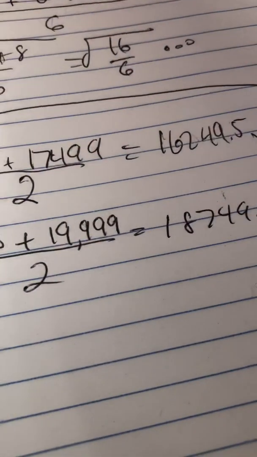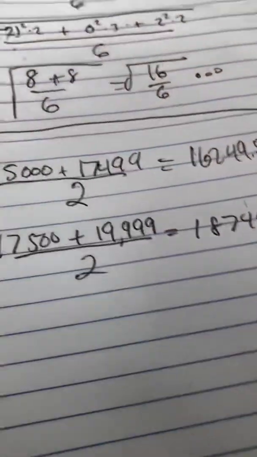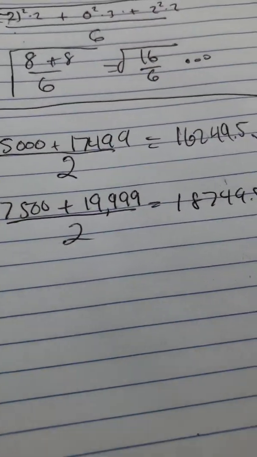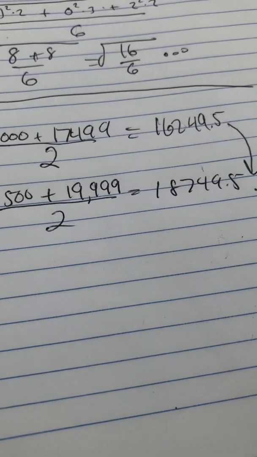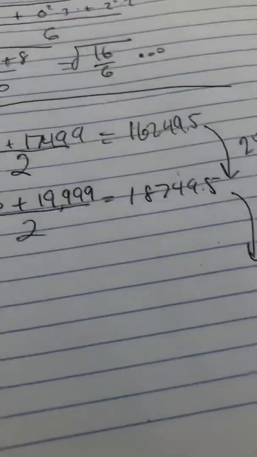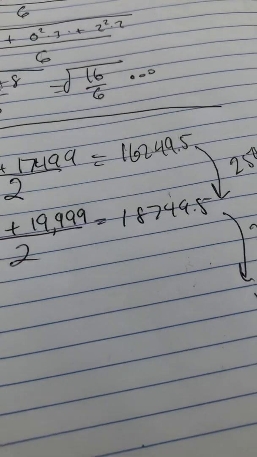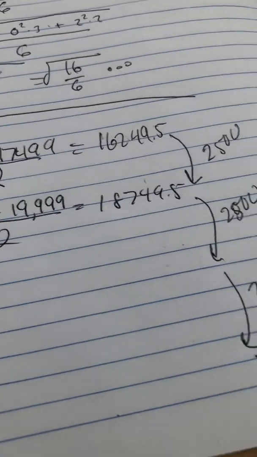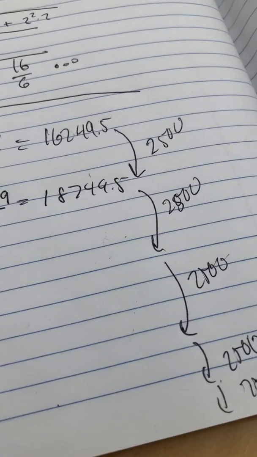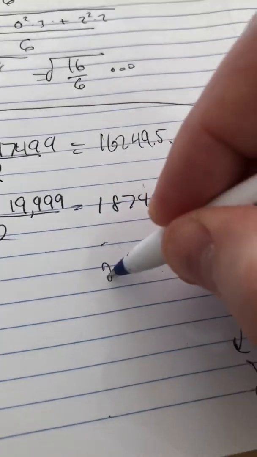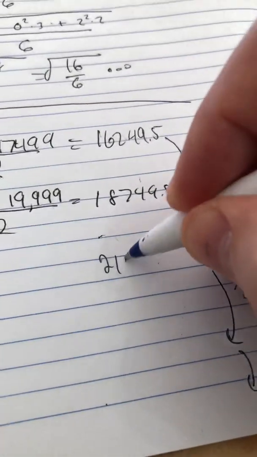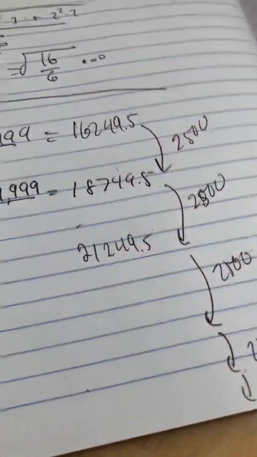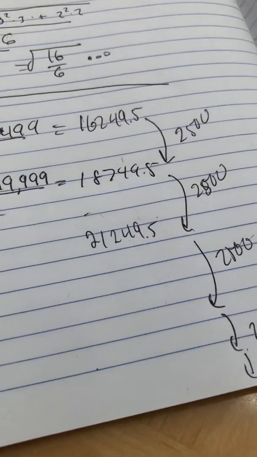So let me see, 1, 2, 3, 4, 5 total increments. So I need to do one more, so another 2,500. So I have 18749.5 plus 2500, and so this is going to be 21249.5 plus 2500.